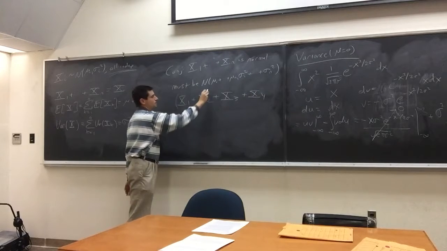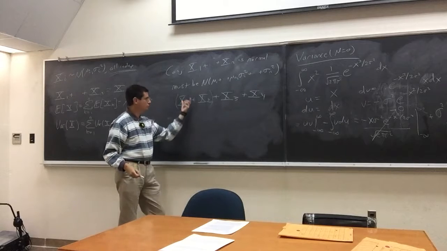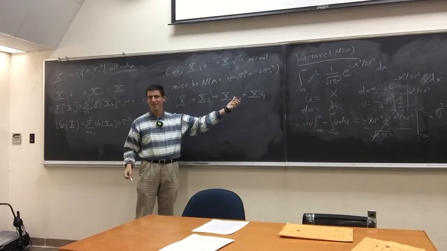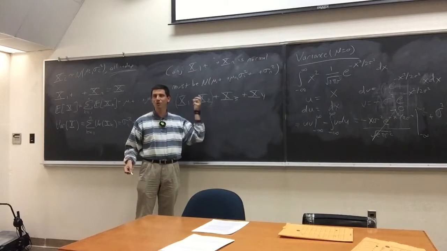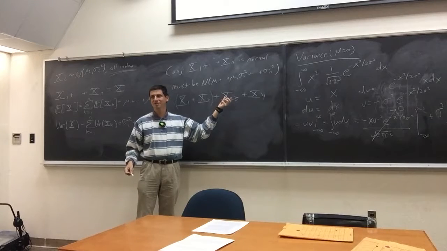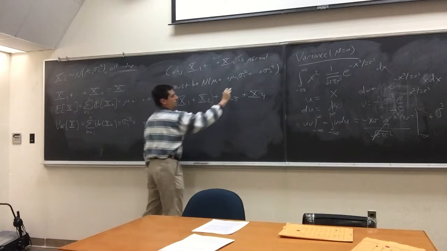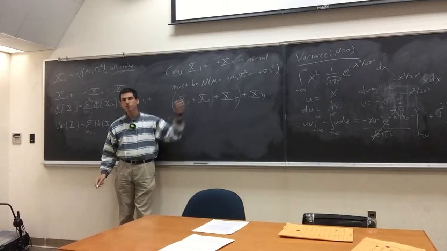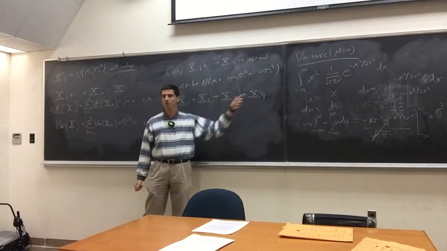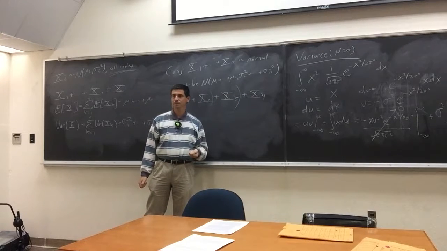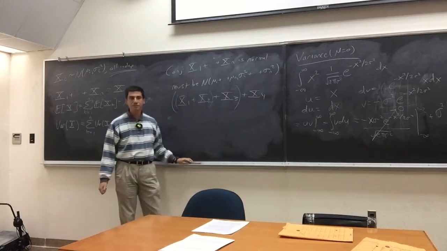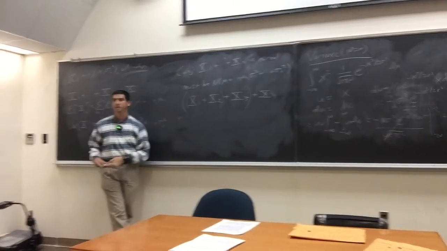If we show x1 plus x2 is normal, now this is normal plus normal. And if we've already shown the sum of two normals is normal, what's normal plus normal? Normal. Now we'll look at this, and we now know that the sum of those three is normal. What's normal plus normal? Normal. So it's enough to do it just two at a time.